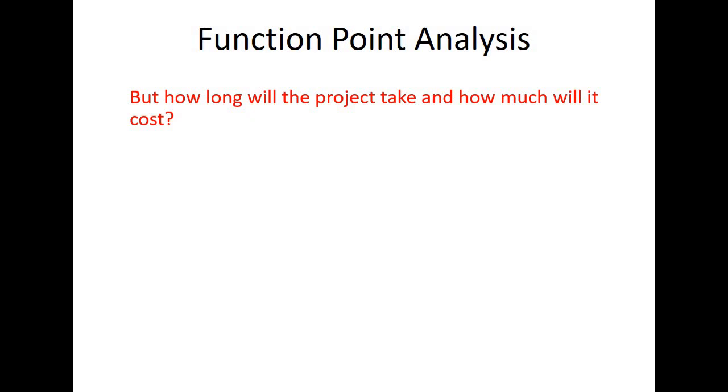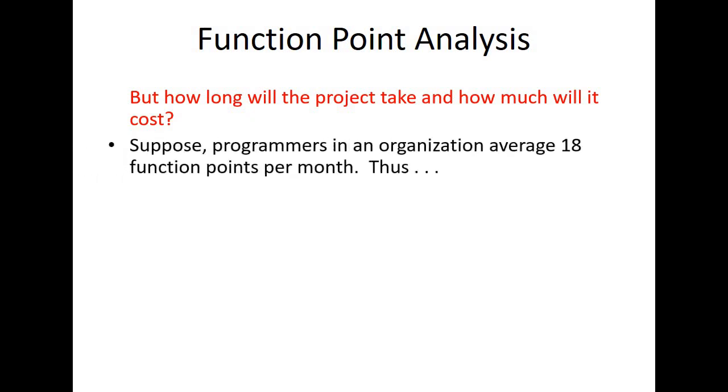So what we do next is we make an assumption that programmers in an organization average 18 function points per month, right? So 197 function points divided by 18 equals 11 man-months.